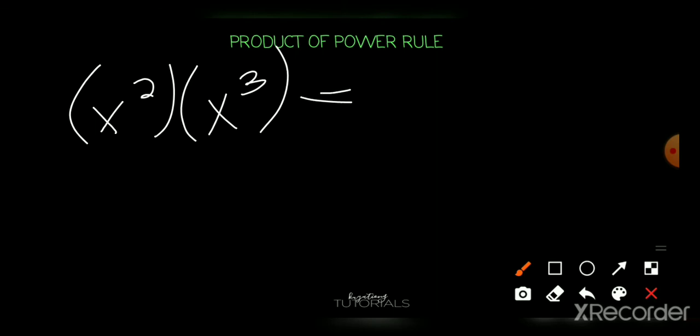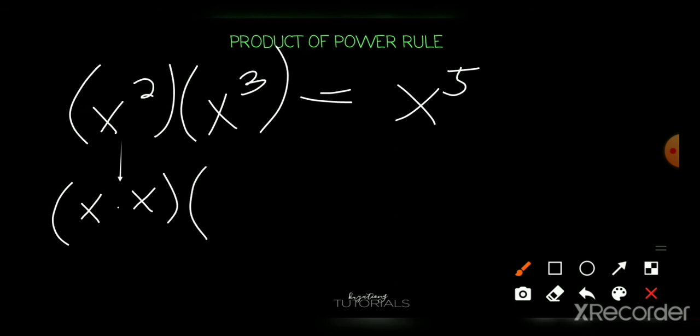Since pareha man sila x ang base number, kopyahon ra nato ang base, then atong i-plus ang exponent. Ang exponent kay 2 og 3, so 2 plus 3 equals 5. Kung atong i-expand, si x squared is x times x.